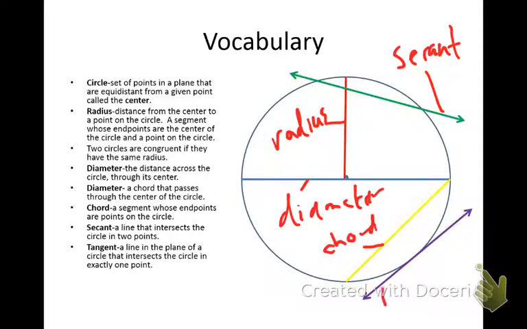Purple line, tangent. Am I ready to go on now? All right.